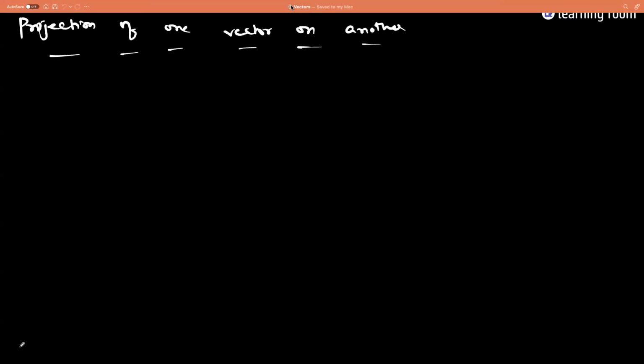As the name suggests, see, listen. If I have this line, okay, if I have another line, projection basically means dropping perpendiculars. See, generally the word projection is used when you want to convert a 3-dimensional shape onto a paper.